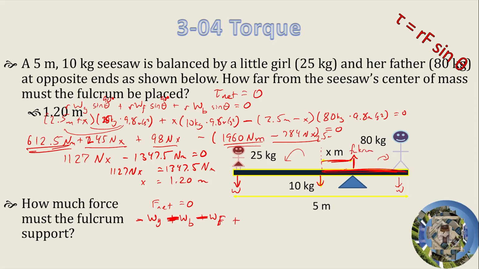So upwards would be the force of the fulcrum. Well, the girl's weight we found before was 245 newtons. The board's weight we found was 98 newtons. The father's weight we found was 784 newtons. And we're looking for the force of the fulcrum.